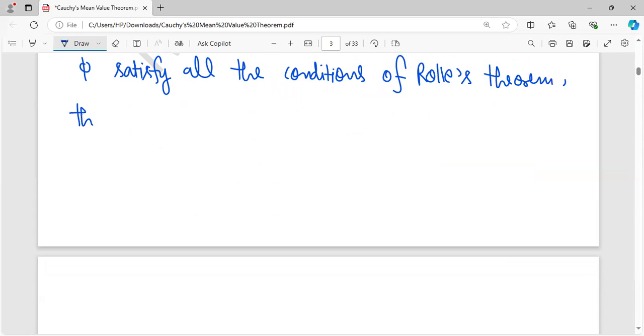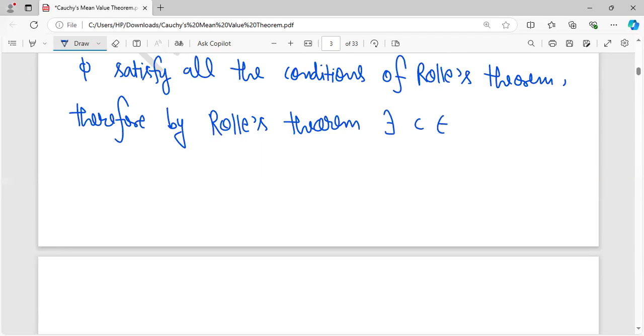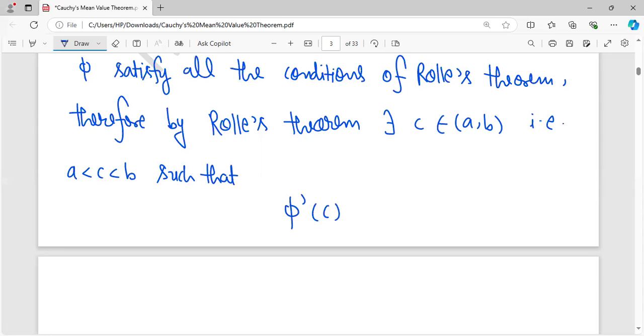Therefore, by Rolle's theorem, there exists c belonging to the open interval, it means c lies between a and b, such that phi'(c) is equal to 0.